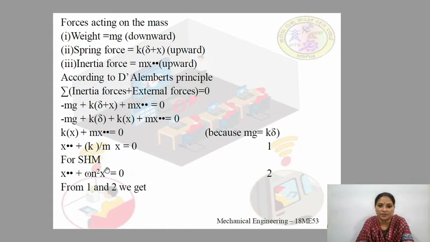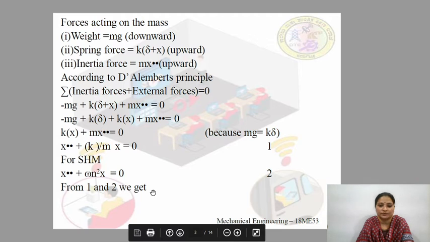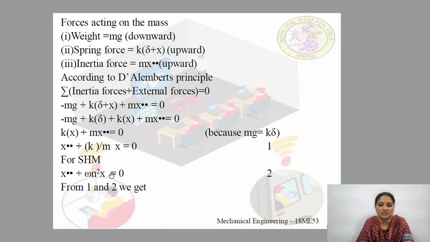As discussed in our previous session, we know that the equation for simple harmonic motion is x double dot plus omega n square x equals to 0. Let this equation be called equation number 2. Comparing equations 1 and 2, we get that all the terms are similar.